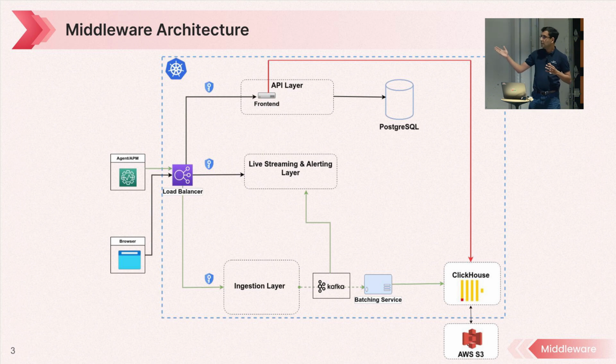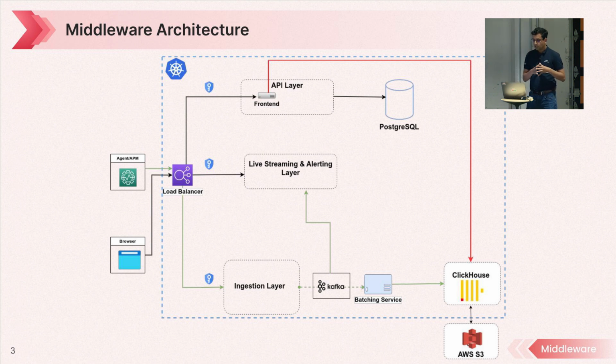On the left, you will see we have our agent/APM, which is running in customers' infrastructure, sending us the telemetry data. It comes through a load balancer, and it goes to the ingestion layer. The green line is all the telemetry data, and the black line is all the dashboard and the consumption of that telemetry data using your browser.